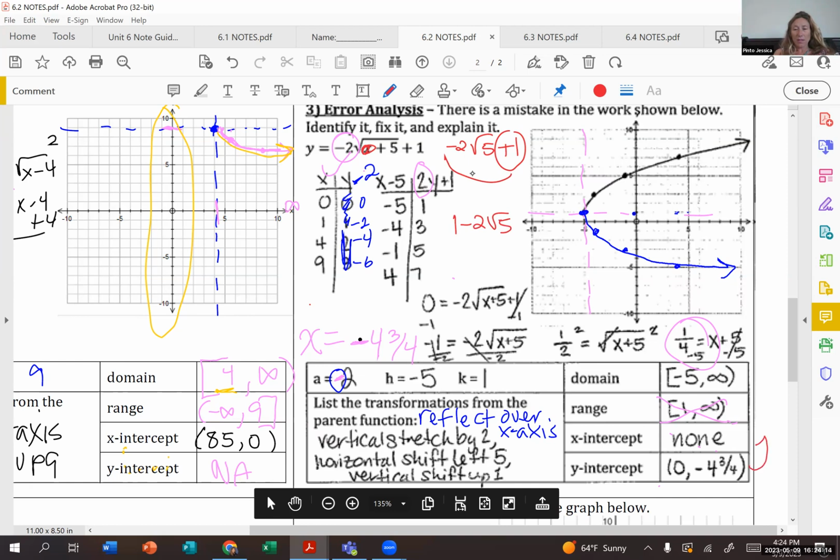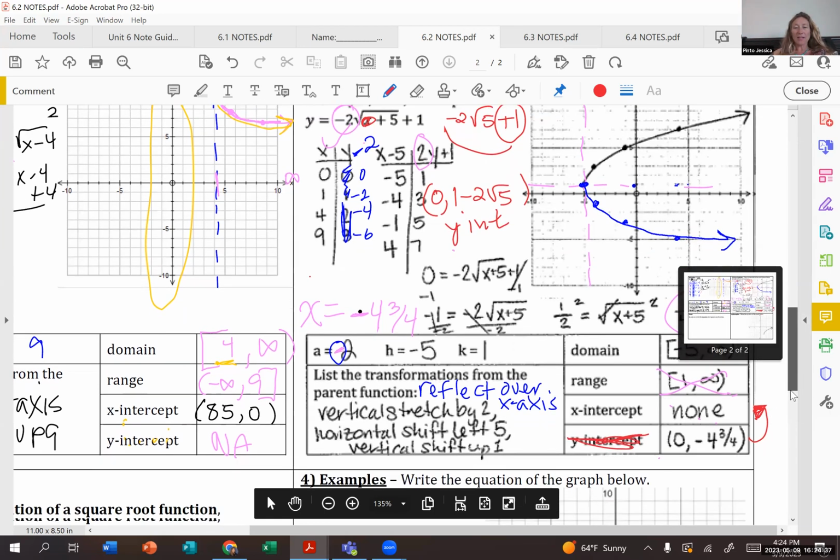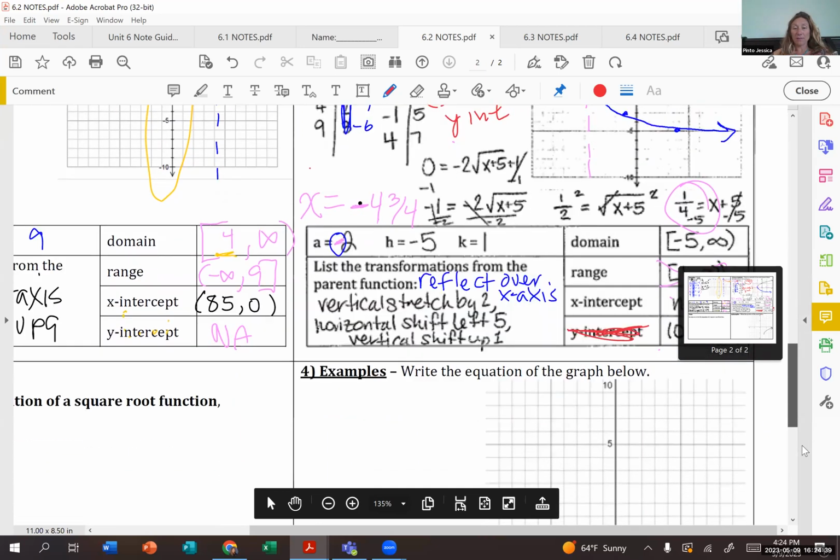So this goes here as the x-intercept, and then I'm going to call this the y-intercept, so I'll put 0, comma, and then say y-intercept. All right. So that negative sign makes a big difference.